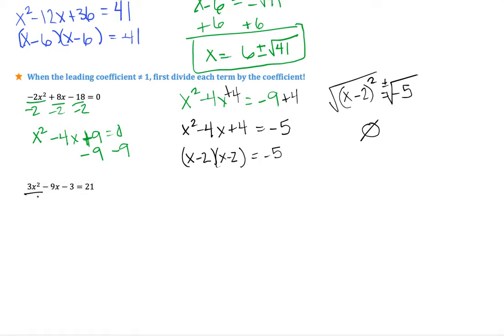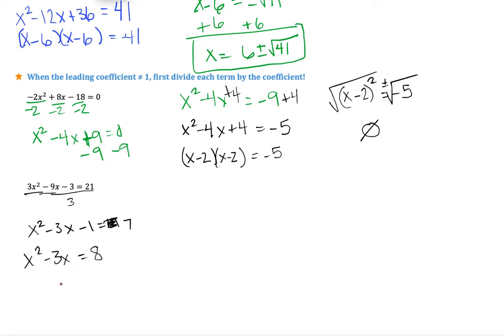Okay, so I'm going to divide every single term by 3, which leaves me with x squared minus 3x minus 1 equals 21. Nope. Equals 7. And then I'm going to add 1 to both sides. So I have x squared minus 3x equals 8.